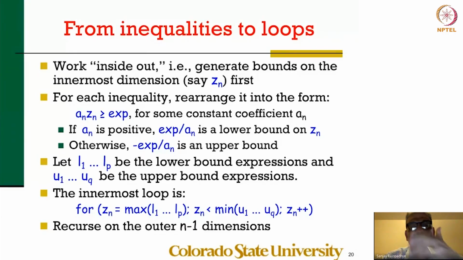Let there be p lower bound expressions and q upper bound expressions. The innermost loop that you generate is for Zn equals the max of all the lower bound expressions up to the min of all the upper bound expressions. That is the termination of the loop, and Zn plus plus.